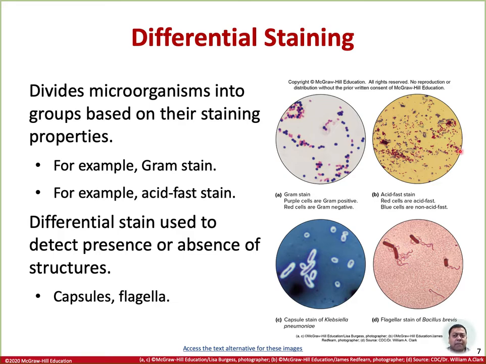The same way, acid fast means that when you wash these cells with acidic alcohol after the staining process, you will retain the stain of the acid fast cells. Most others will be discolored. On the other hand, you can visualize the capsules using differential stains. You can look at the flagella using differential stains, and we're going to talk about that in a moment.